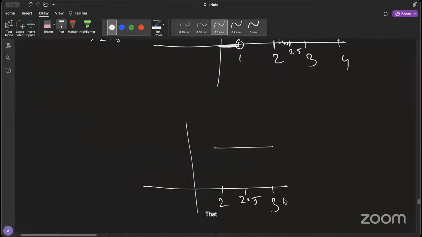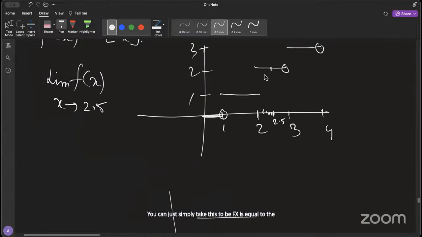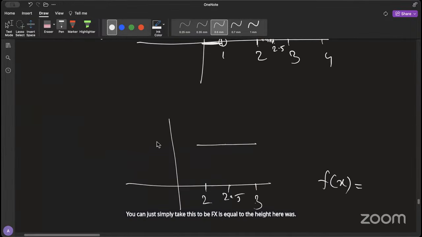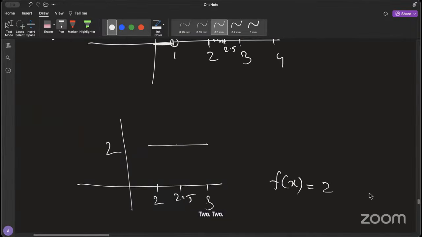That means f(x) equals 2 when x is between 2 and 3.